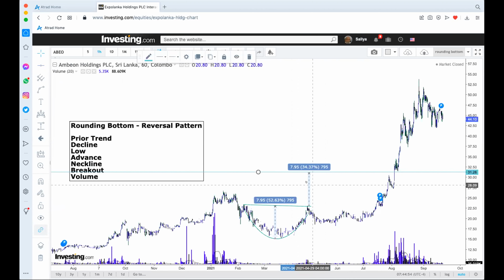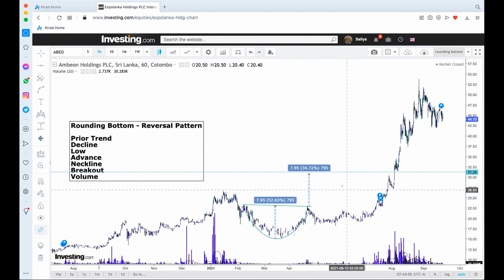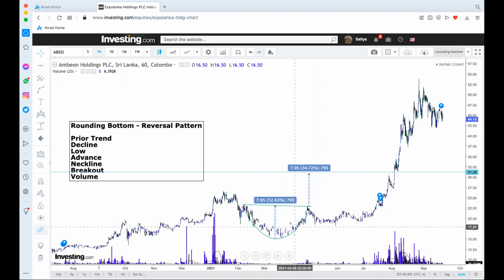So there are several ways of entering into a trade or into a buy by using this formation. First, you need to spot the immediate high after we see a high low formation at the second half of the curve.